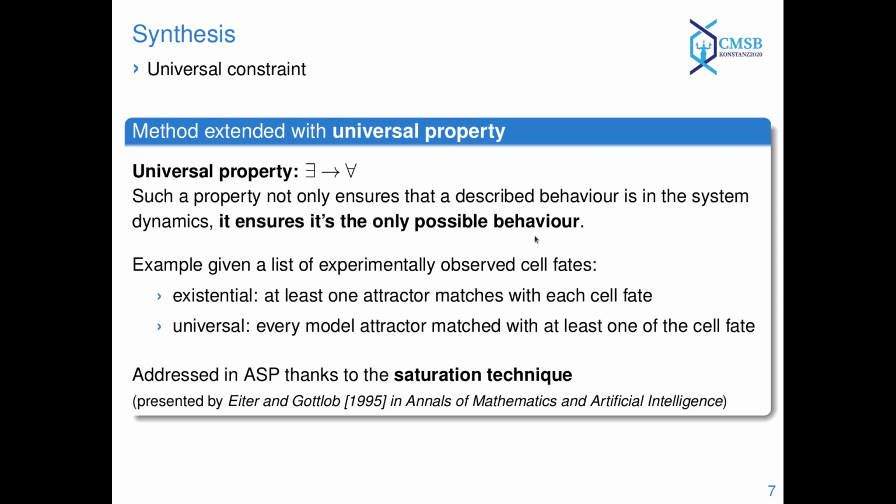To illustrate, let's compare the meaning of existential or universal properties given the list of experimentally observed stable states. On one hand, an existential constraint guarantees that at least one attractor of the model dynamics matches with each stable state. On the other hand, a universal constraint ensures that every model attractor matches with at least one of the stable states.